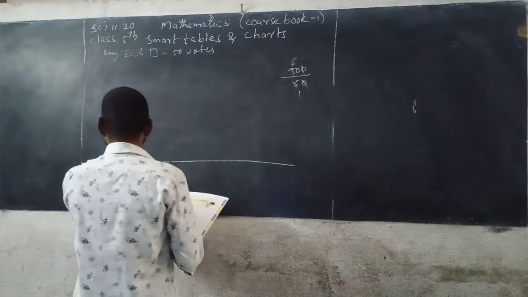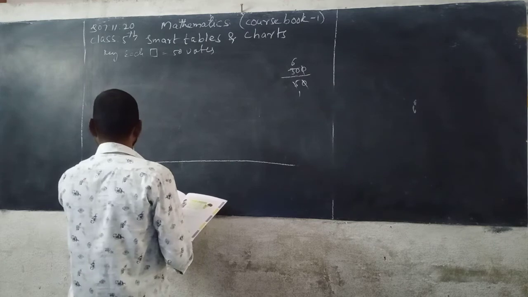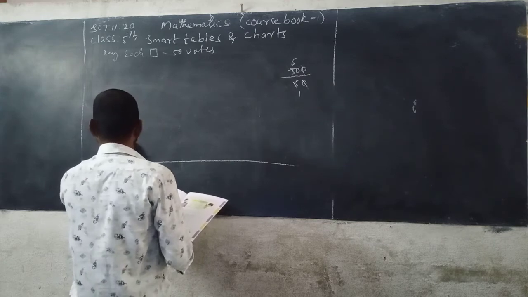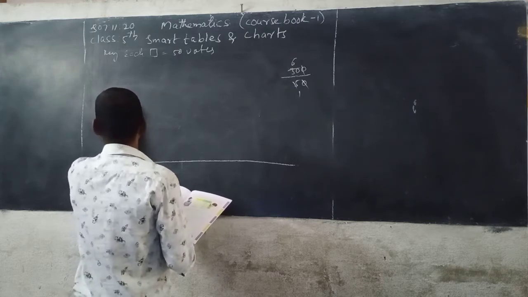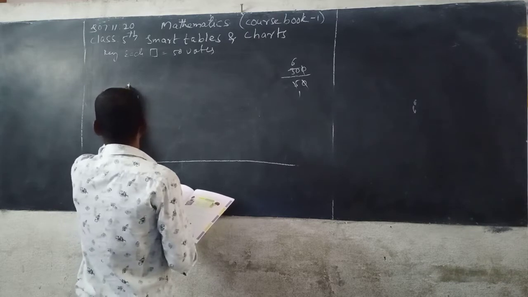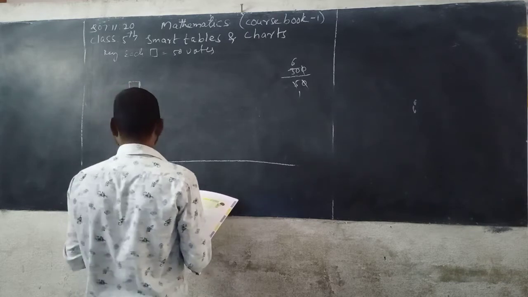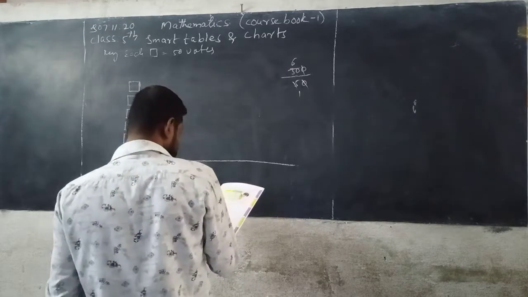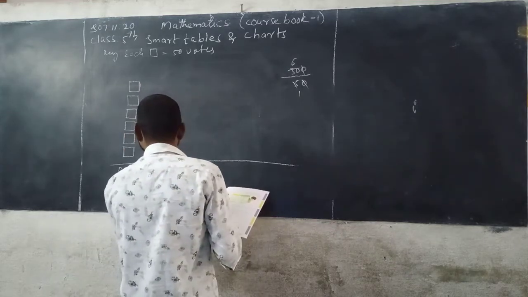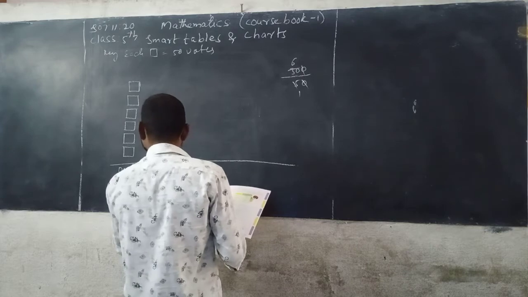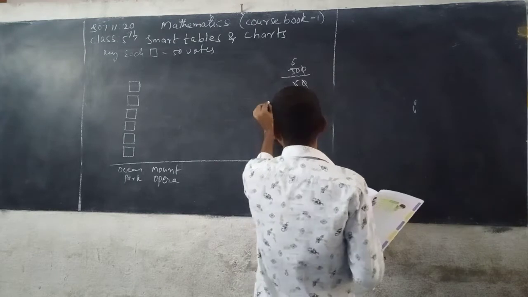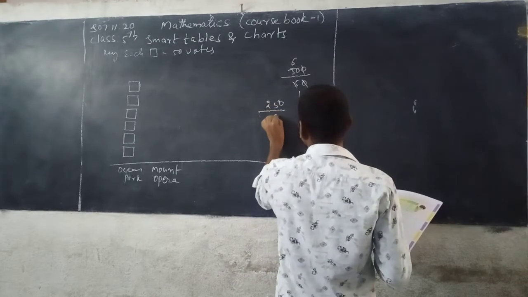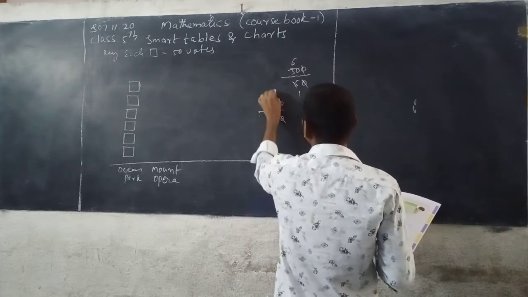Now here, 1, 2, 3, 4, 5, 6. Now next, Mount Opera, 250 divided by 50. 0, 0 get cancelled. 5 1s are 5, 5 5s are 25.